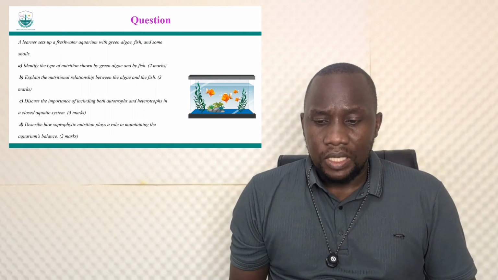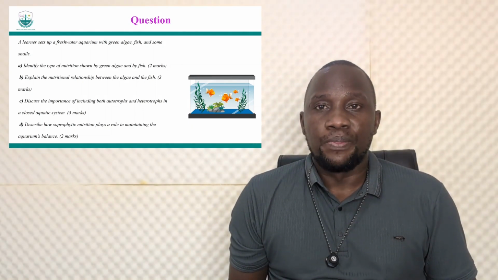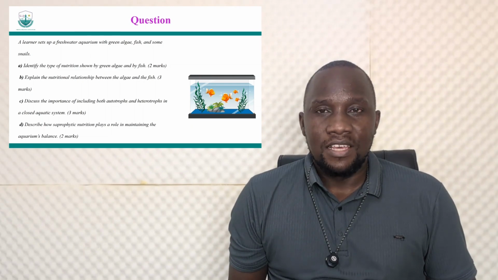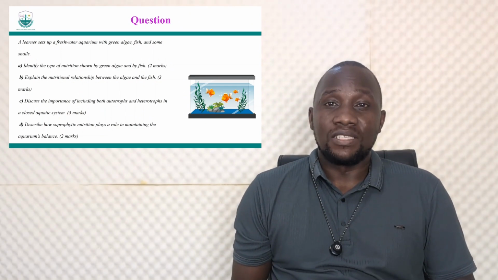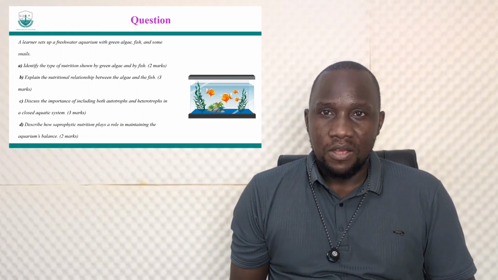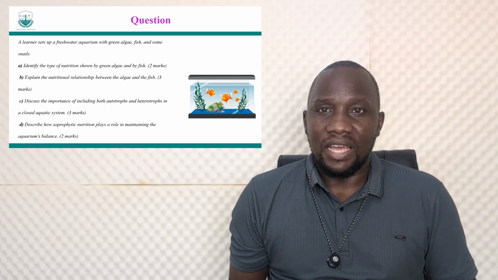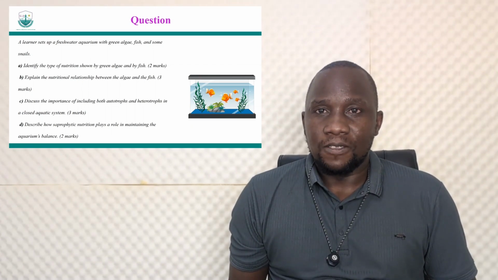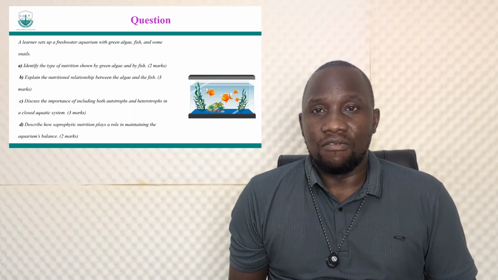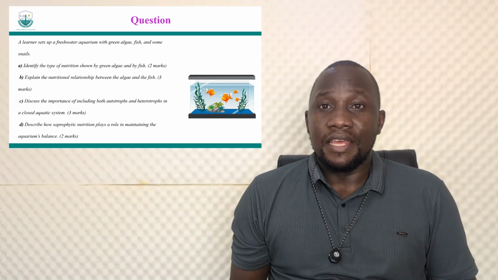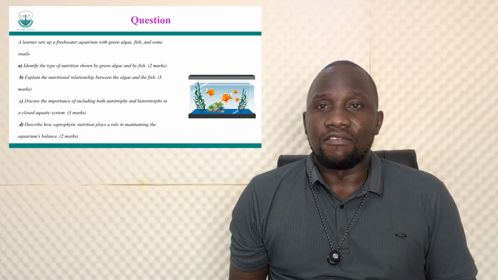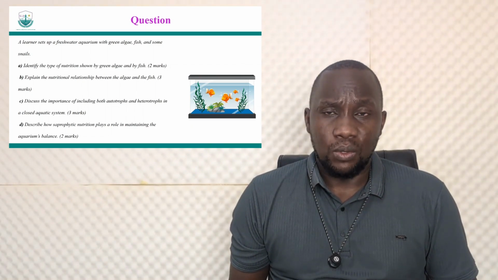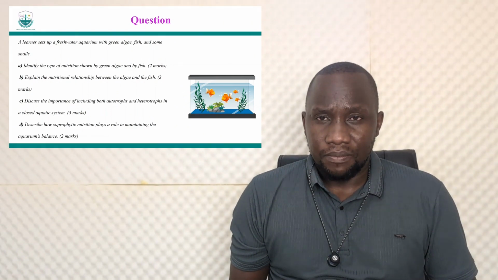But you also have light, because if there is no light, I don't think this algae could carry out photosynthesis and therefore be alive. So those are non-living components of the environment, and they support the living component, where we have the snails and the fish, and also the algae.